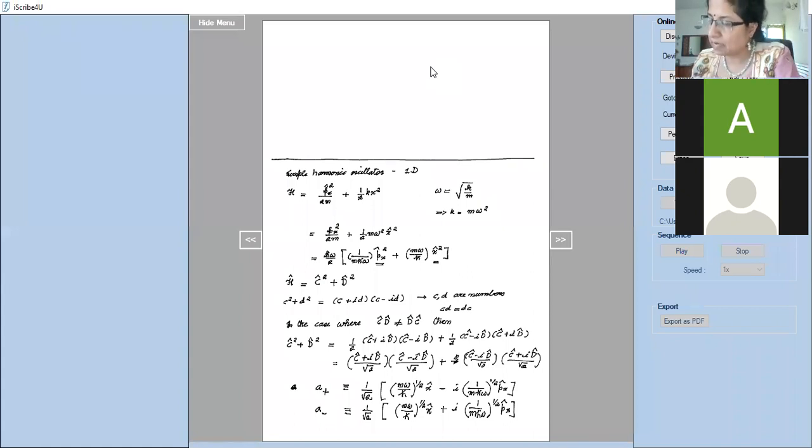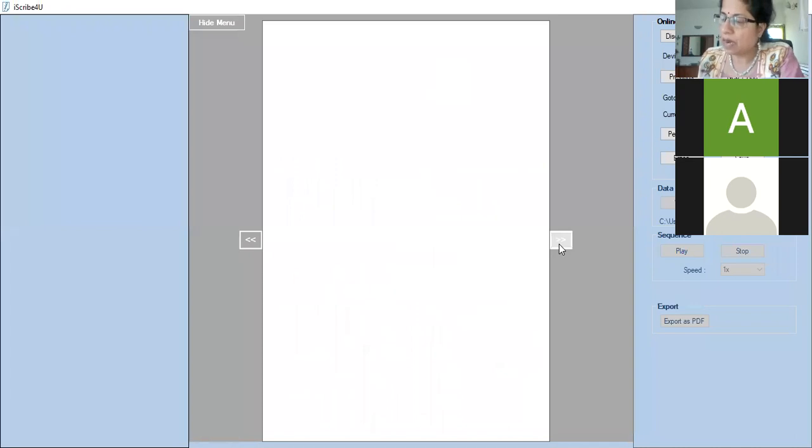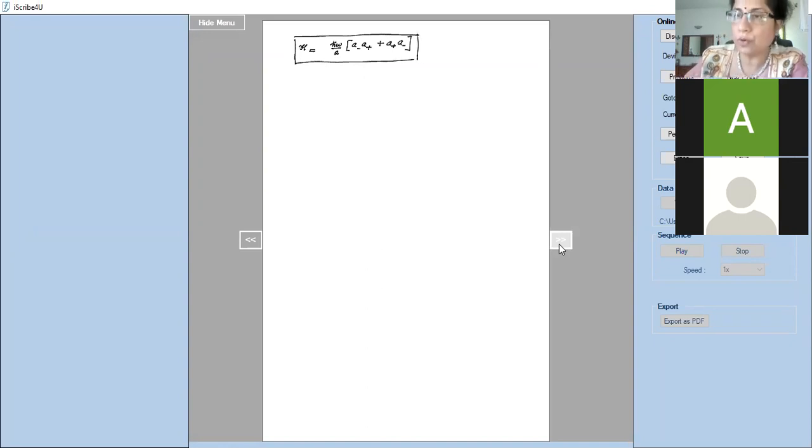You essentially get, let me just change the page, over here as well, your Hamiltonian equal to h cross omega by 2 into A minus A plus plus A plus A minus. So this is what we have done. We have cast the Hamiltonian in terms of two new operators, A minus and A plus, instead of what was there earlier, x square and px square.